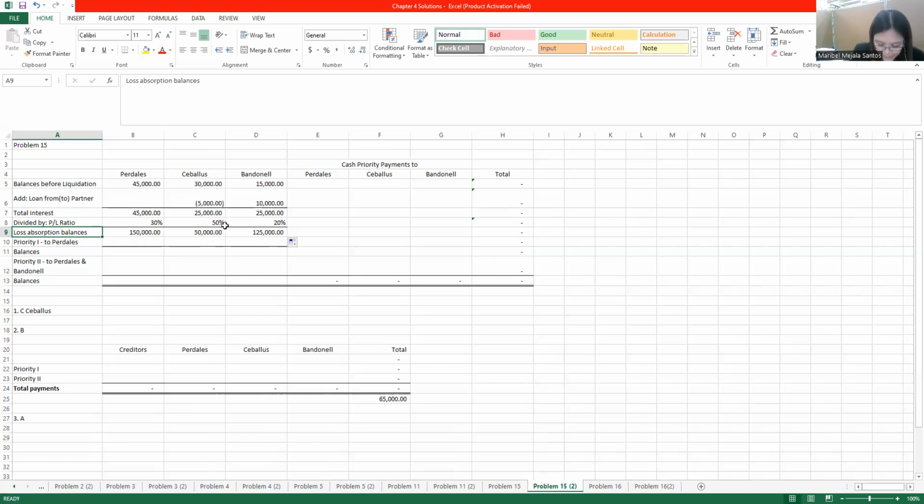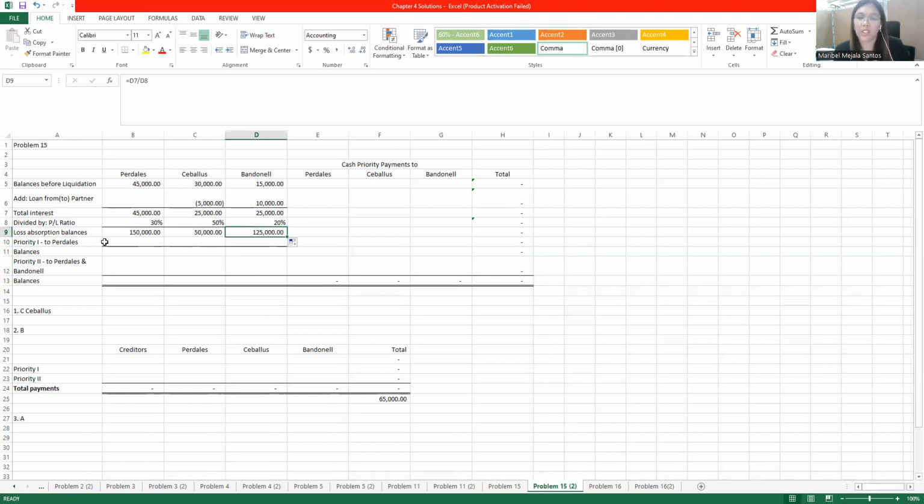Now, if that is the case, what will be the next thing that we will do? To get the priority one, hanapin mo yung highest to the second highest. So in this case, it's 150 for P and B. Take note, class, that the highest loss absorption capacity or balances, siya yung priority.